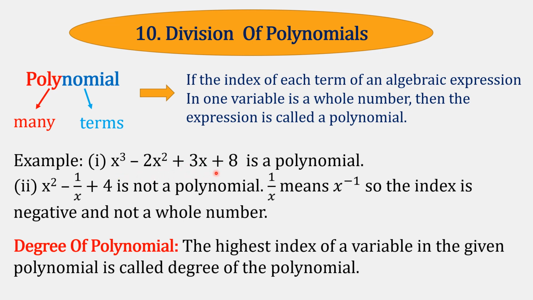So here the degree of this polynomial, if you see the highest index, the index is 3, highest over here. So in this example, the degree of the polynomial would be 3. So what is the degree of a polynomial? The highest index of a variable in the given polynomial is called the degree of the polynomial. Understood?